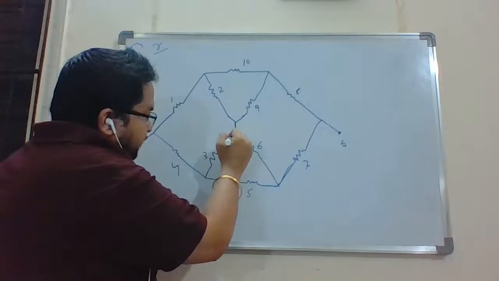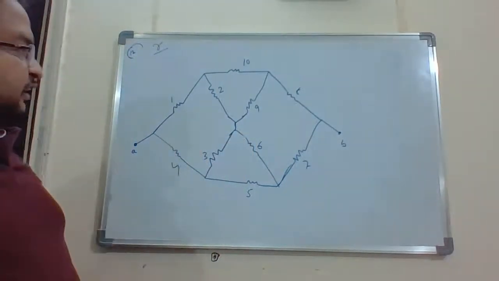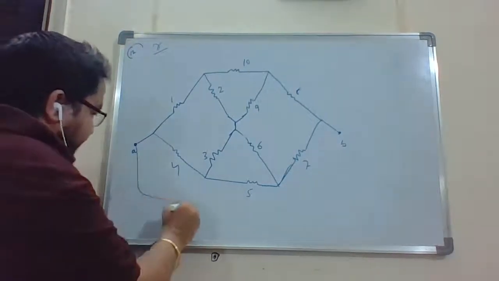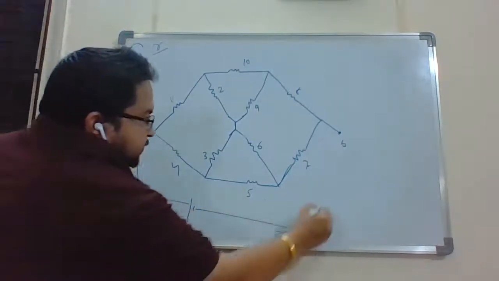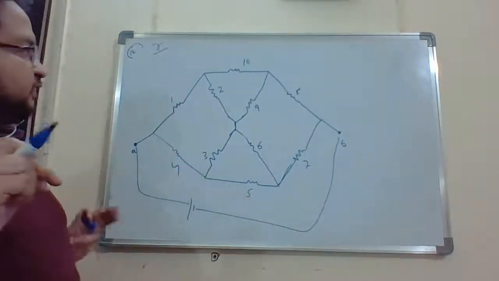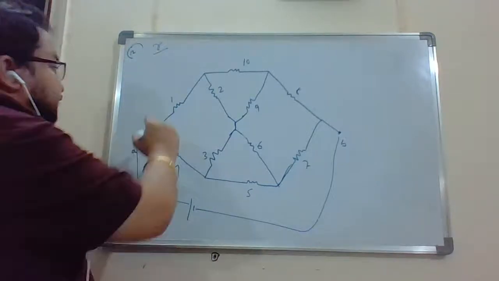Effectively I have not changed anything in the circuit. Then let me connect a cell here. If I connect a cell, let us try to find out what ideally should be the current distribution.